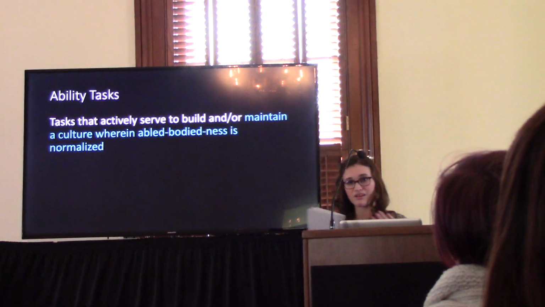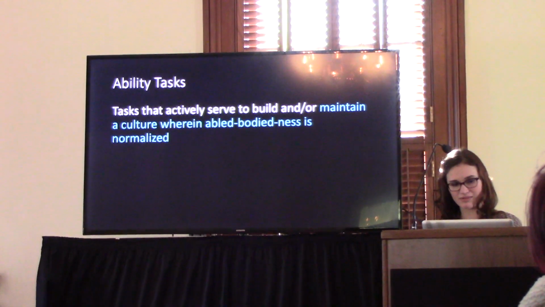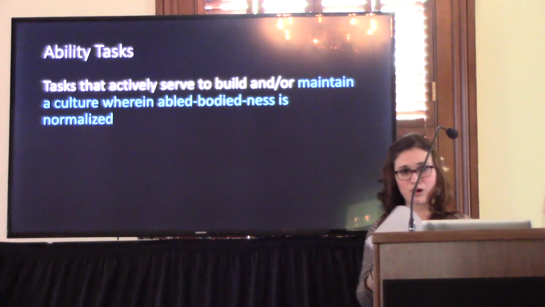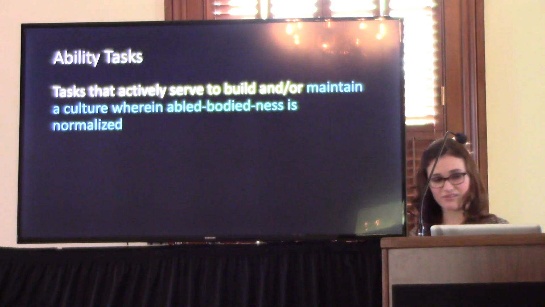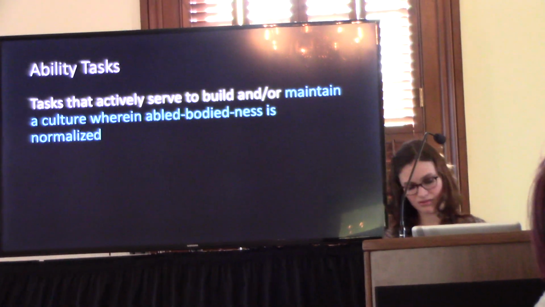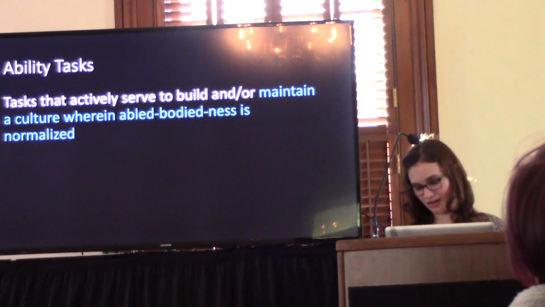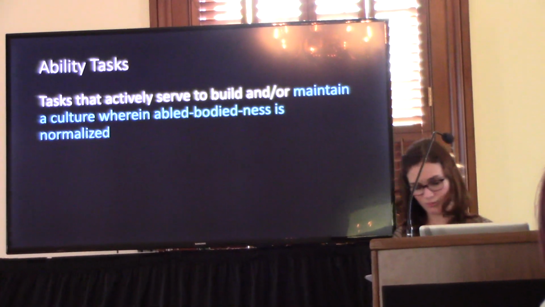Therefore, I decided to take the term racial tasks and alternate it into ability tasks to think about it in terms of accessibility. Ability tasks are tasks that serve to build and/or maintain a culture where able-bodiedness is normalized and treated as standard across the board.